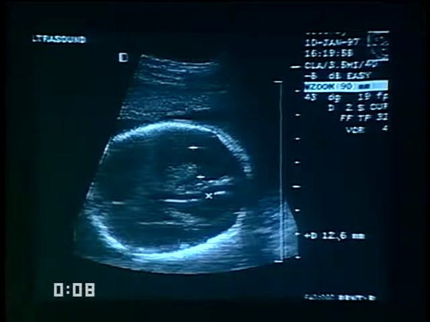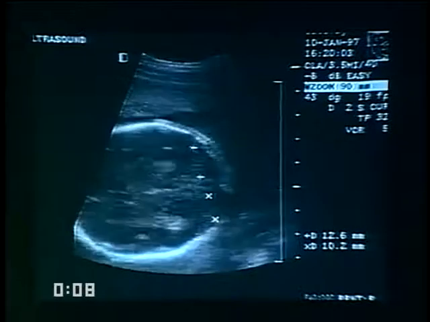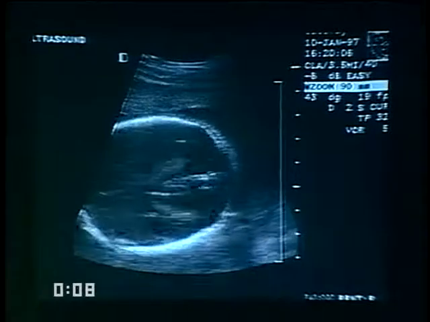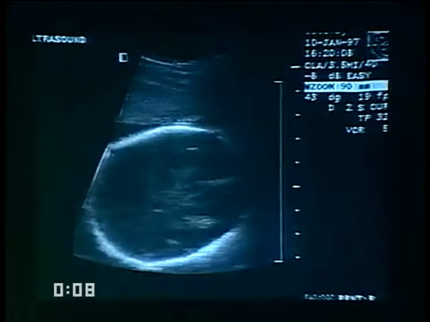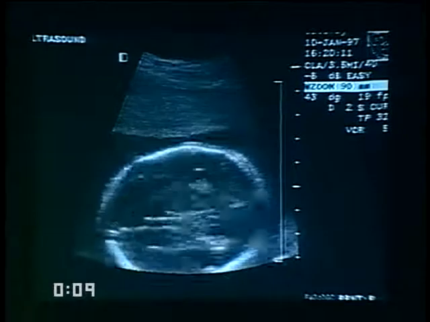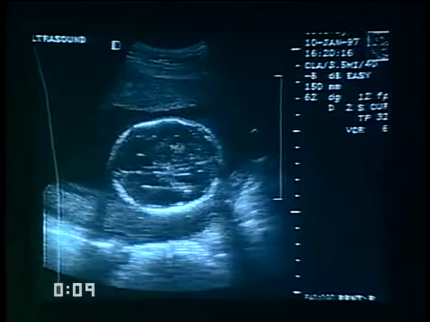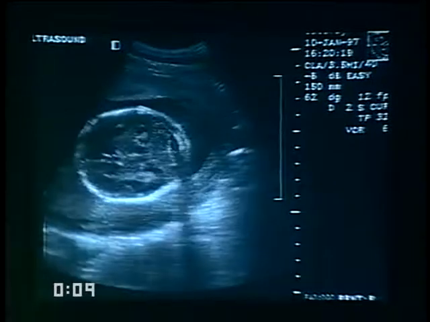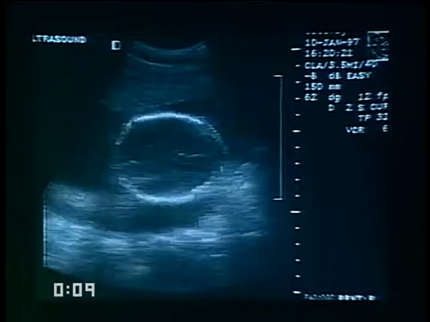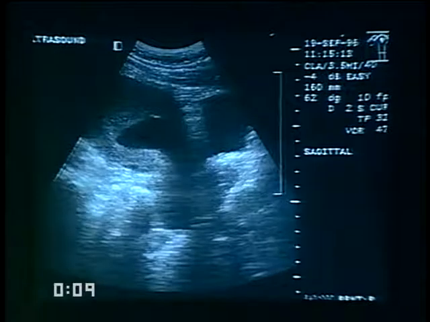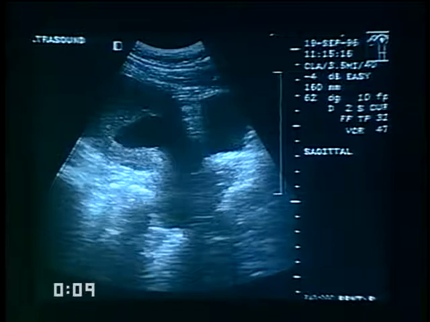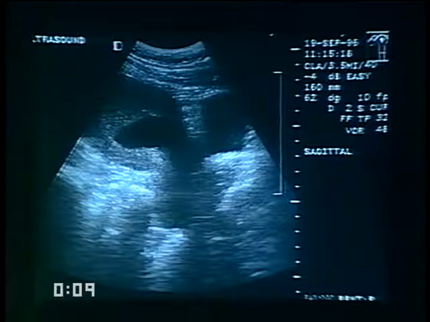It says 12.6. It's 10.2. So that was an example of hydrocephalus. Sagittal transabdominal ultrasound image.